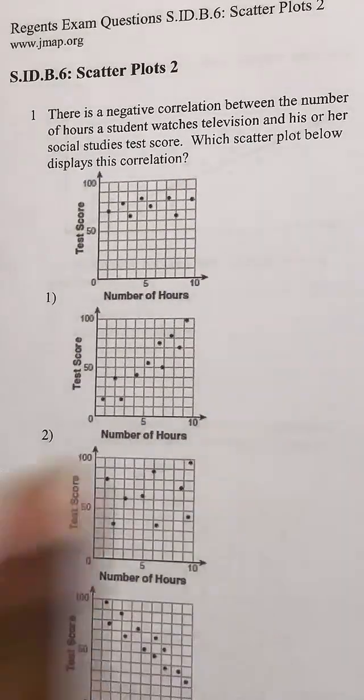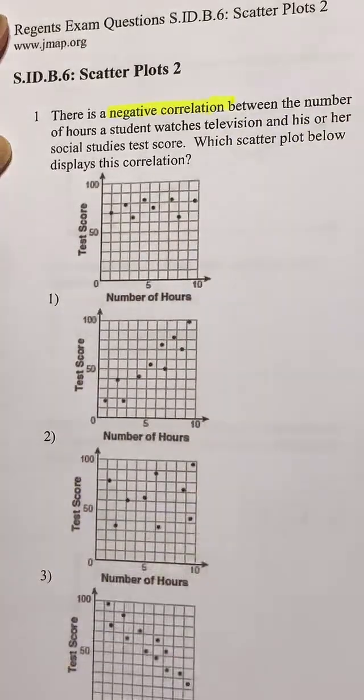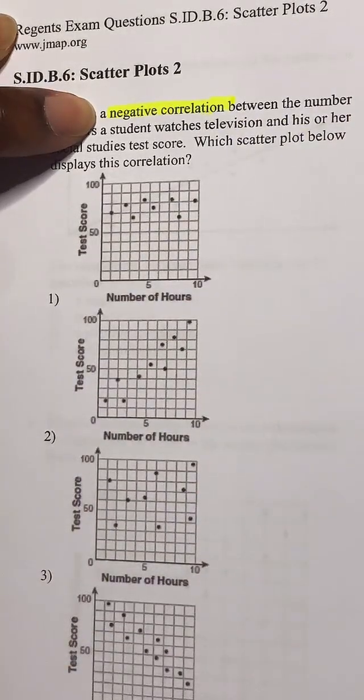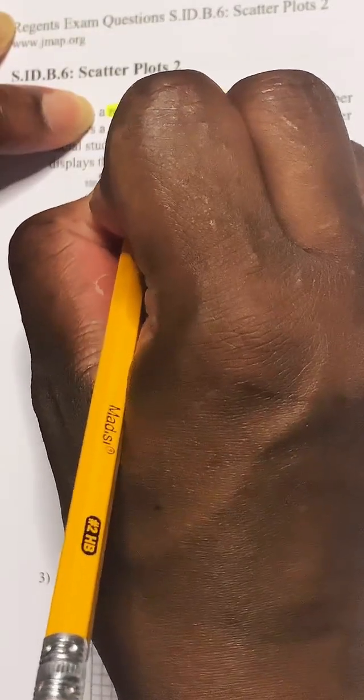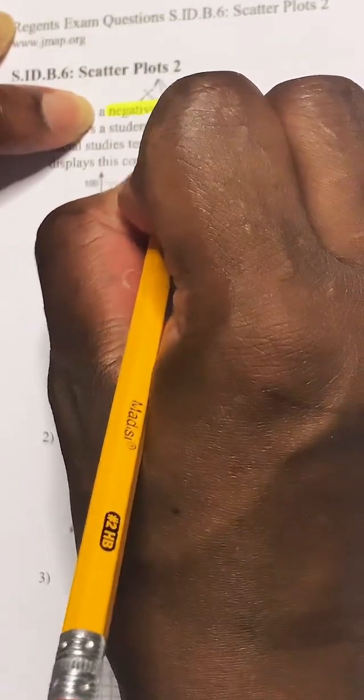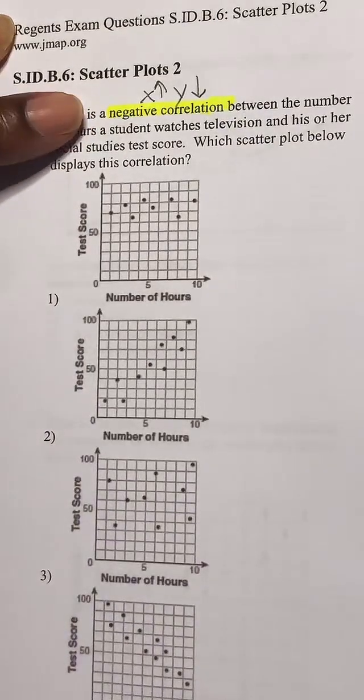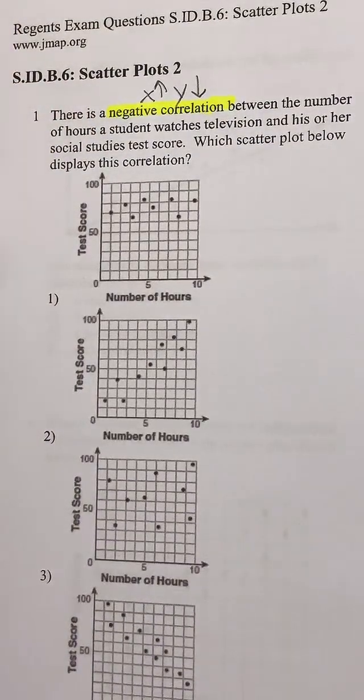Pause. First thing that they're telling us, we have a negative correlation. We know that with a negative correlation, as your x's are increasing, your y's are decreasing. Which one is giving us that?